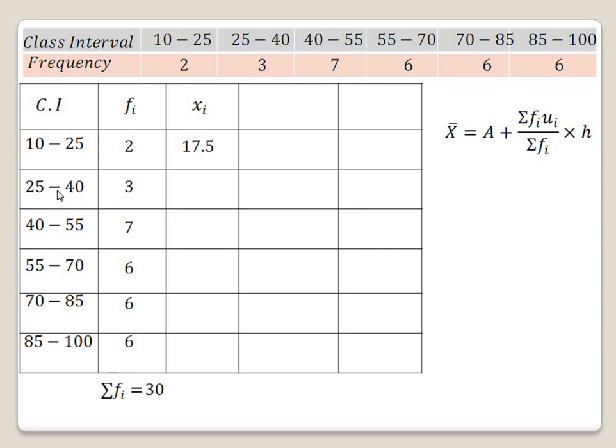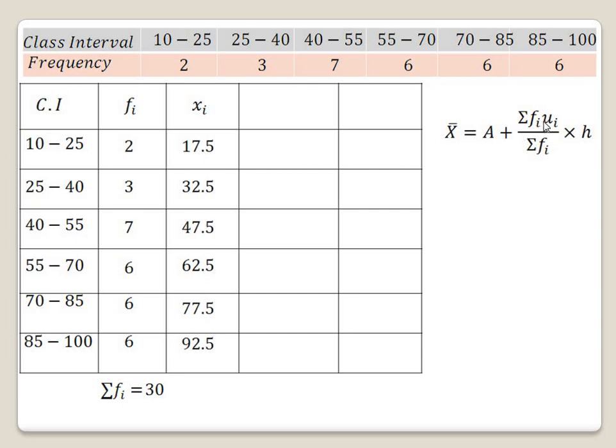Next, 25 plus 40 divided by 2 is 32.5. Next, 40 plus 55 divided by 2 is 47.5. Next, 55 plus 70 divided by 2 is 62.5. Next, 70 plus 85 divided by 2 is 77.5. Next, 85 plus 100 divided by 2 is 92.5. This way we can find the values of xi.